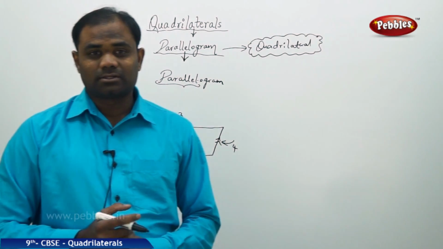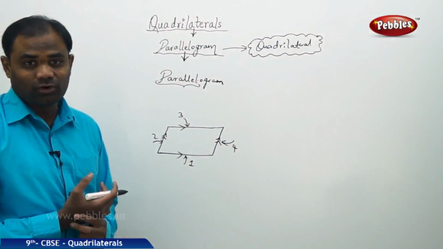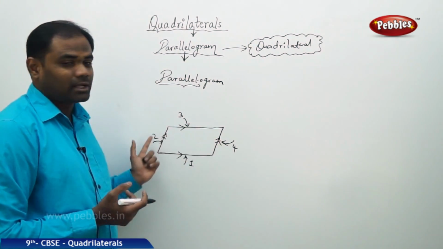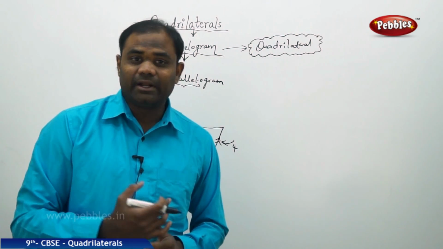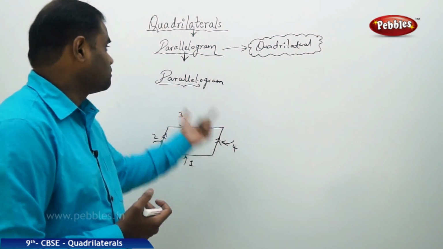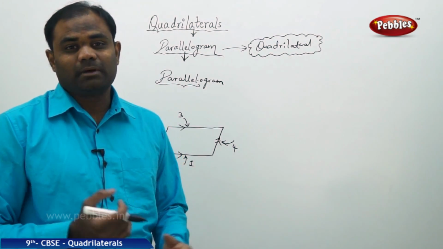Both pairs are parallel, and thus a closed region formed with two pairs of parallel lines is a quadrilateral given the special name parallelogram.